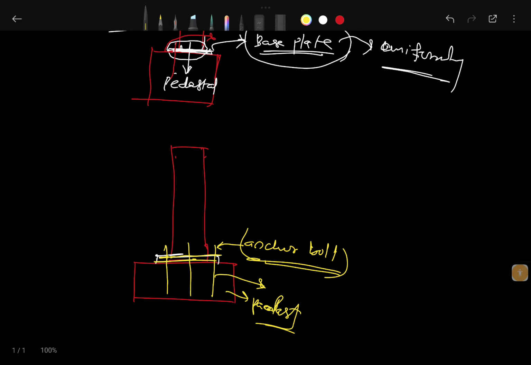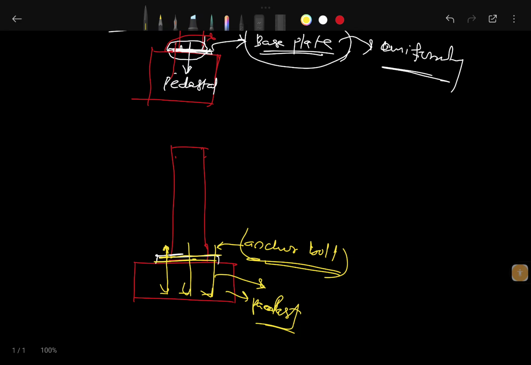Okay, and anchor bolts have different shapes: J bolt, U bolt, whatever bolt we have considered. There are different types, so we don't go there. Let's see only the anchor bolt specification.